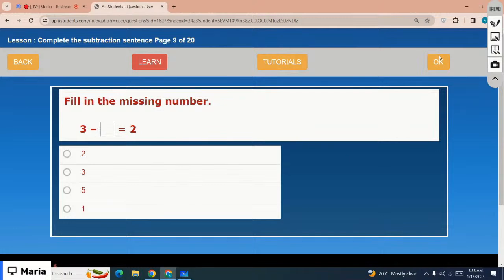Fill in the missing number. 3 minus missing number equals 2. So which is the correct option?